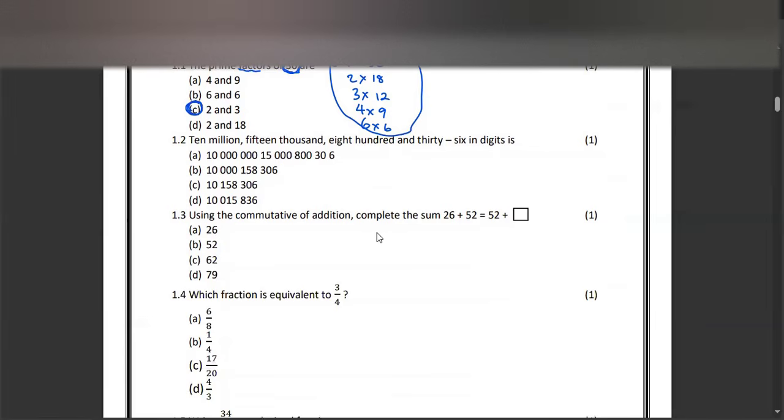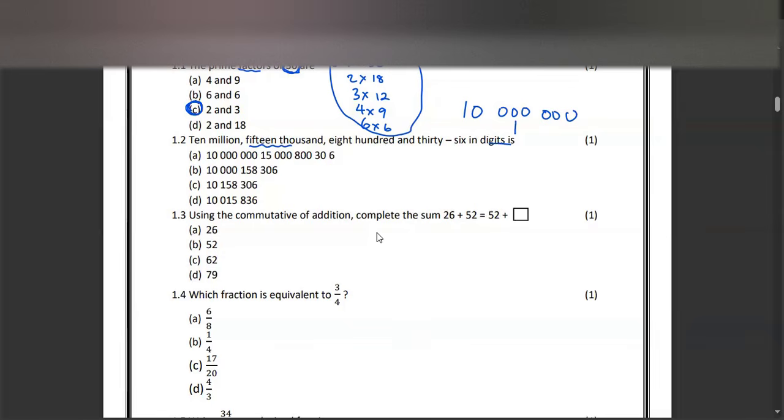Then 1.2, 10 million, 15,836, okay, in digits. So we can just do the addition and see, okay? So 10 million, we have 10 and 6 zeros, and then we have 15,000.